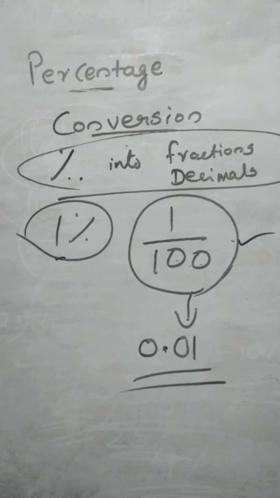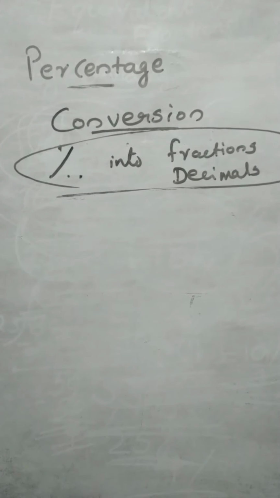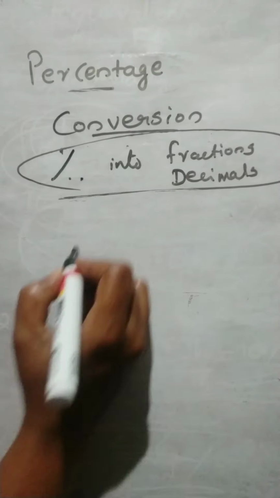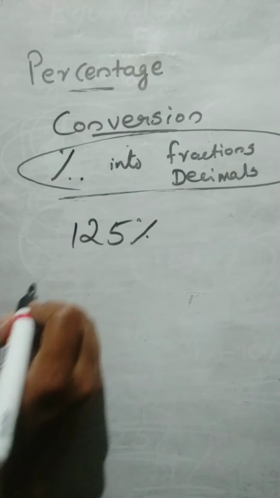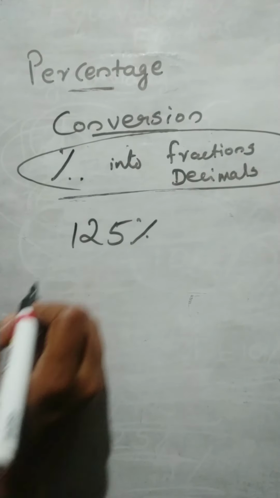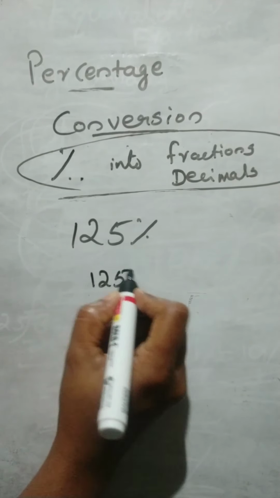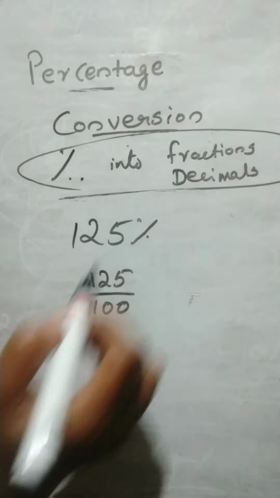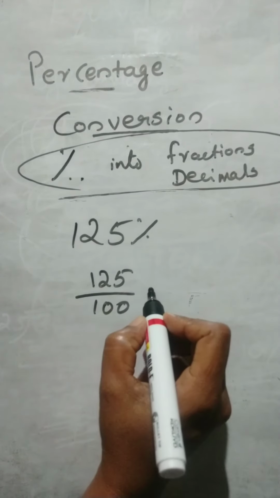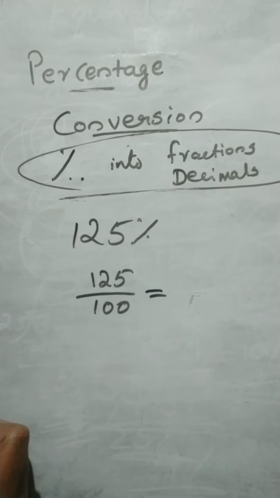Okay. Another example, 125%. In fractional form, how can we write? That is 125 on 100. This is the fractional form. Then we have to convert this fractional form into decimal number. So, what is the decimal number?